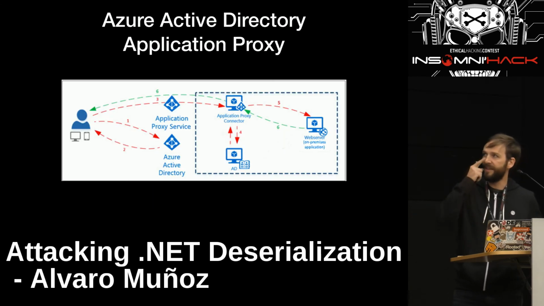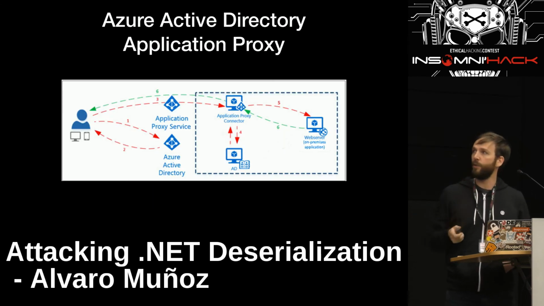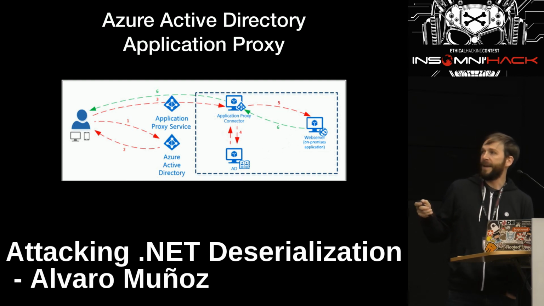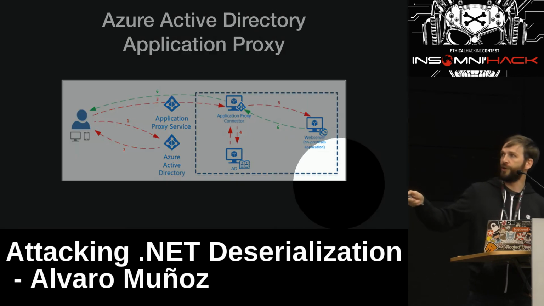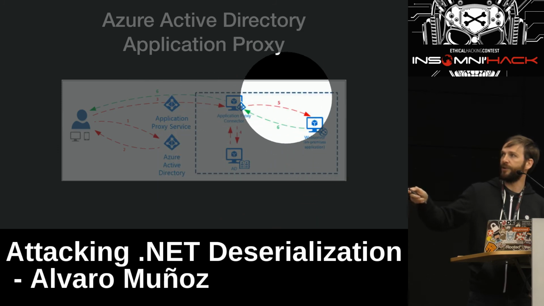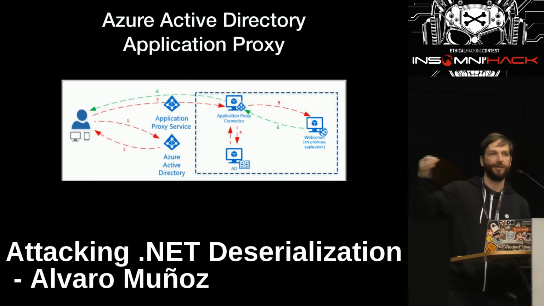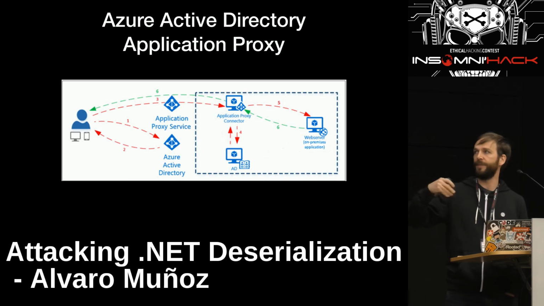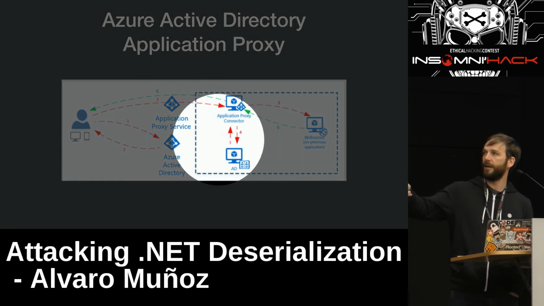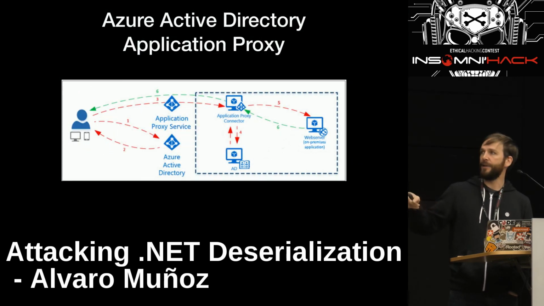Well, this is a vulnerability that I found in the Microsoft Azure network. Basically, you can expose your intranet, right? This box here is your intranet, and then expose your web applications to the remote workers right here by using what is known as the Application Proxy service.